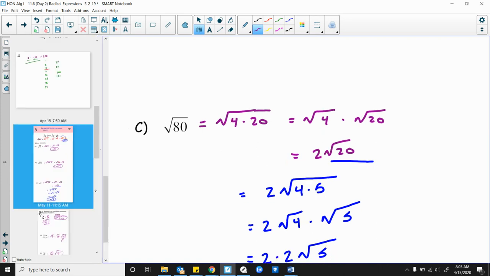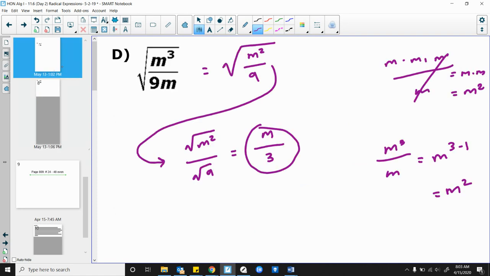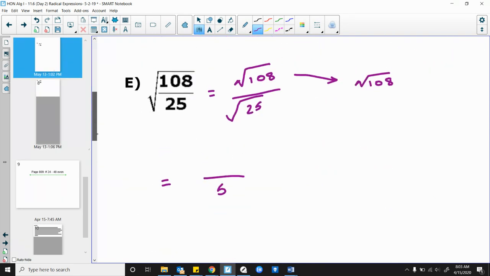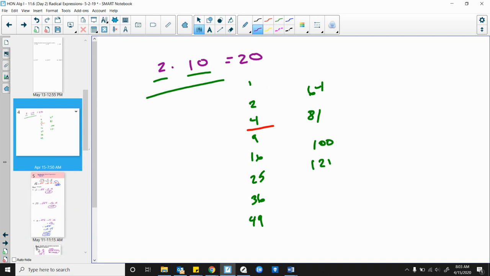So what we need to do is find a factor of 108 that has a square root in it. What I would do is go up to your list of perfect squares that we wrote down, grab my calculator, and take 108, and let's try 108 divided by 64.